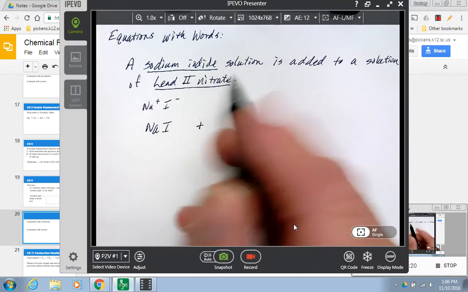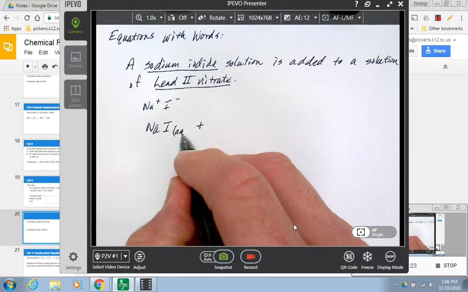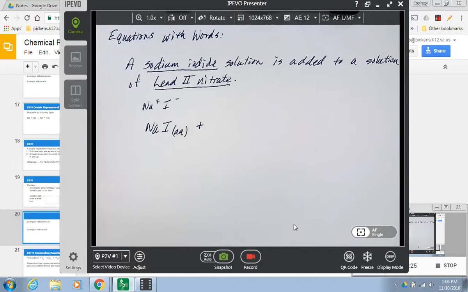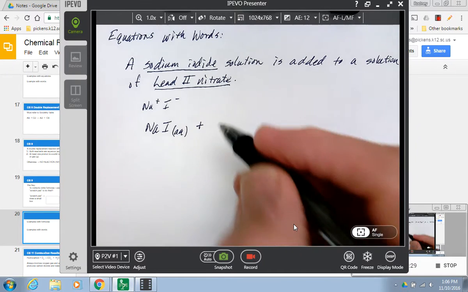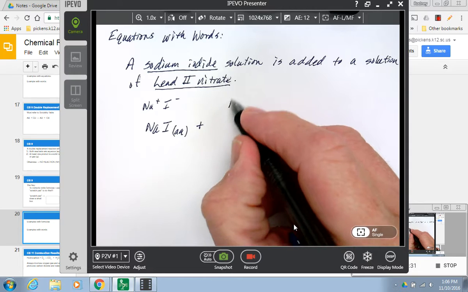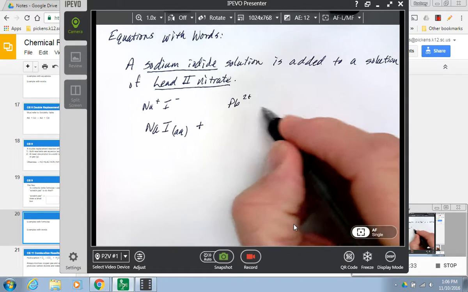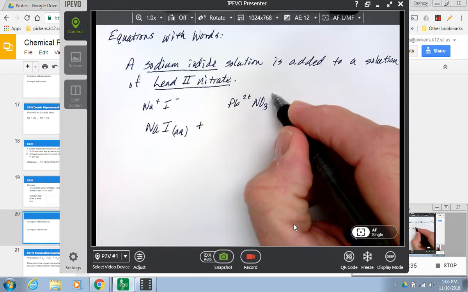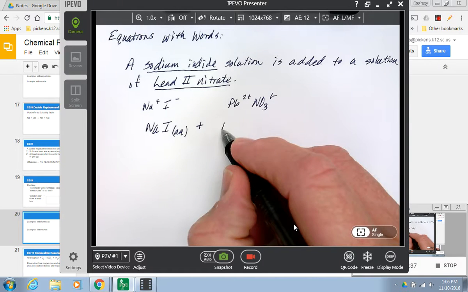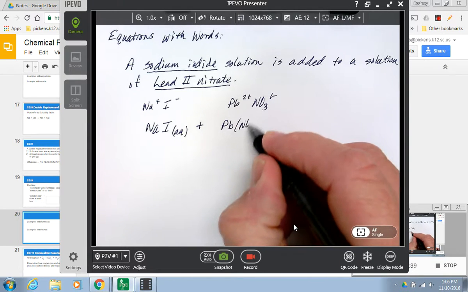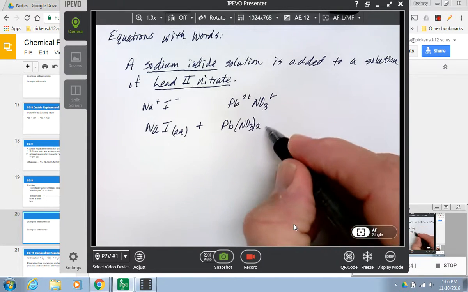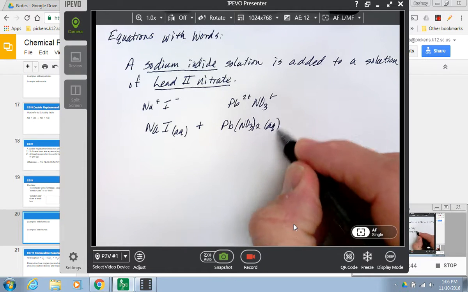It's a solution, so we automatically know it's aqueous. We could look it up, but the word equation tells us it is a solution. Lead is Pb 2 plus, nitrate is NO3 1 negative, so we need Pb(NO3)2, and this is aqueous as well because it's in solution.